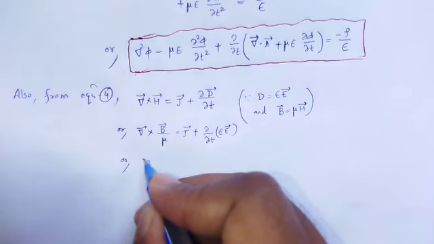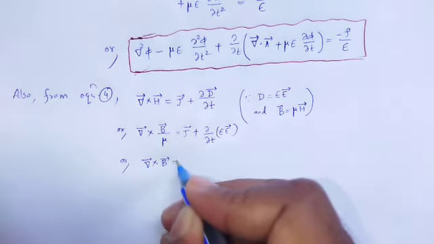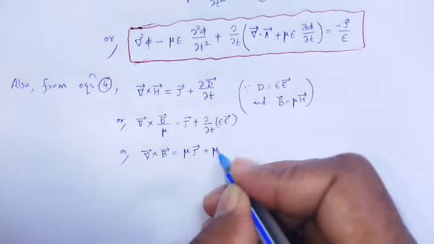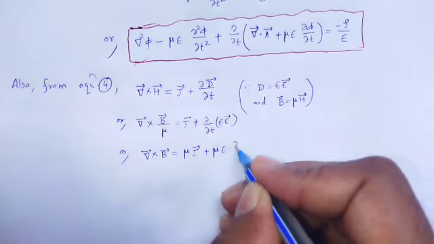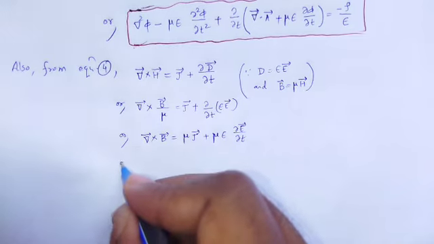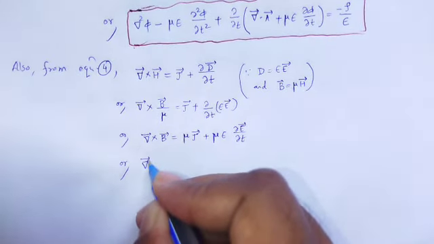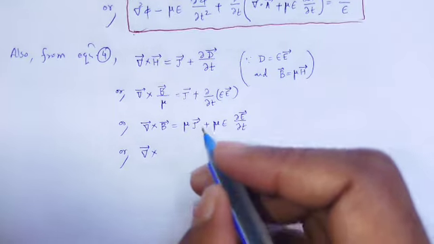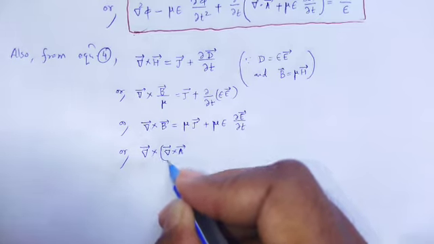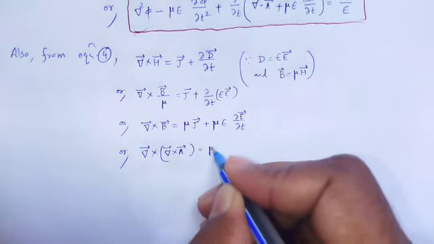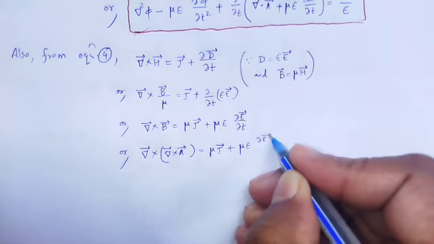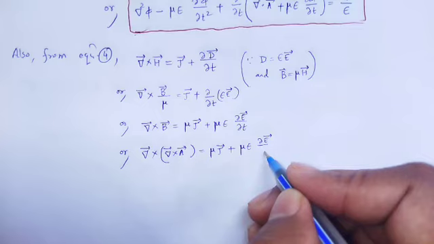or grad cross B, that mu is multiplied, so mu J plus mu epsilon, outside, del E by del t. Now B in terms of vector potential is grad cross A, so grad cross grad cross A is equal to mu J plus mu epsilon del E by del t.